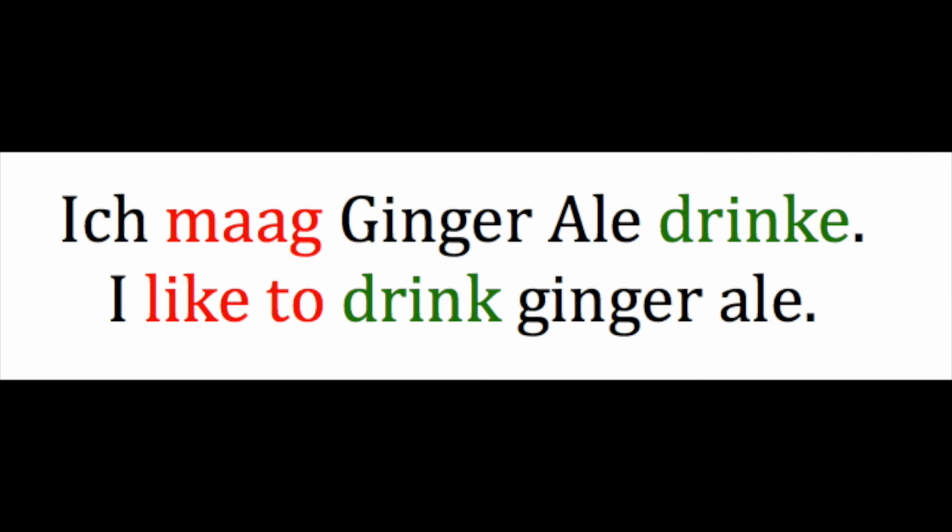We never conjugate that verb at the end. You only ever conjugate one verb in a sentence or in a clause. In this case, we're doing sentences. So don't ever think that you need to conjugate the verb at the end as well. Nope, you just put the verb at the end as it would be in the infinitive. Ich mag ginger ale trinken. I like to drink ginger ale.